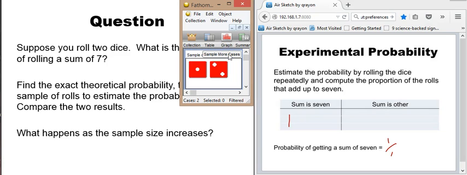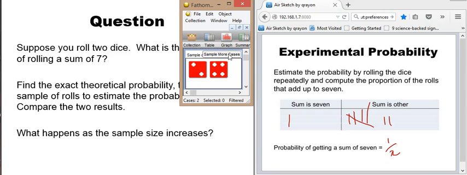Let's try again. 3, now my probability is 1 out of 2. Let's try some more. 9, so that goes in the other category. 5, goes in the other. 2. So let's try again. Let's do 10 rolls, so 5 more. 8, 9, 6.